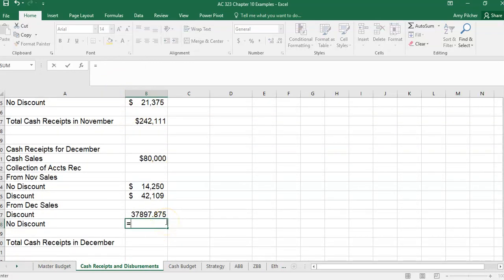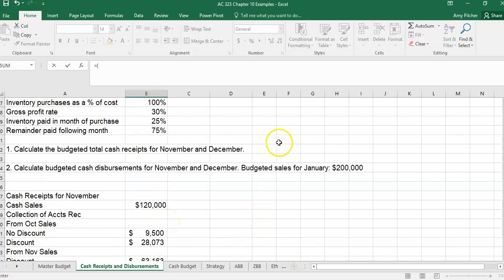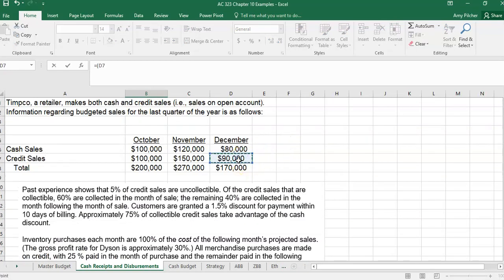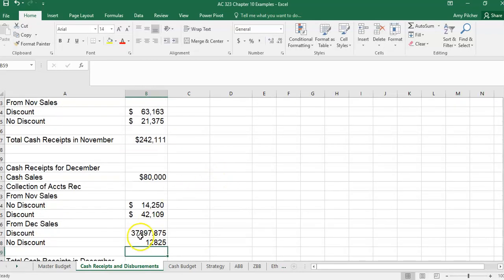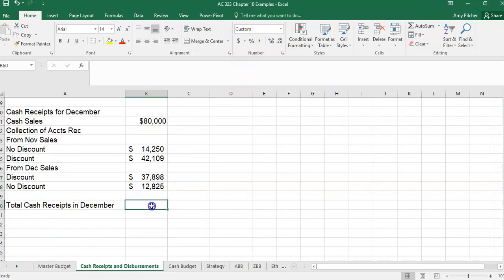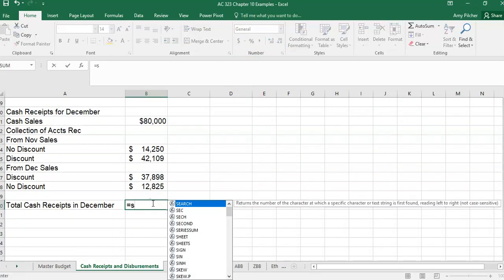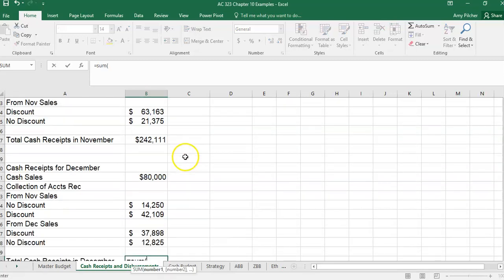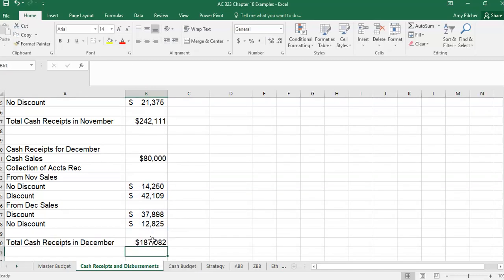And no discount, so our credit sales times 0.95 times 0.25 of customers that don't take the discount times 0.6 in the month of sale. So our total cash receipts in December are $187,082.